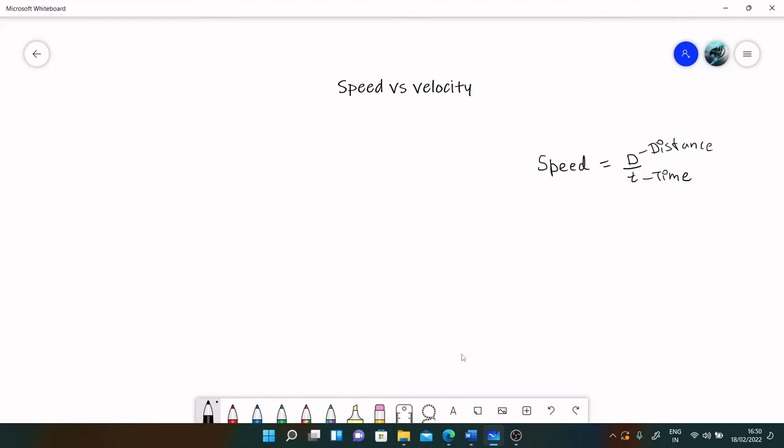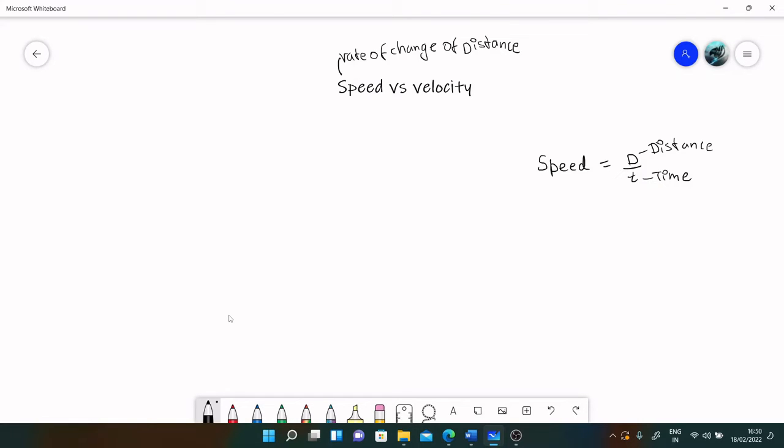Speed is the rate of change of distance. When we say rate of change of some quantity, it basically means that the quantity is divided by time.